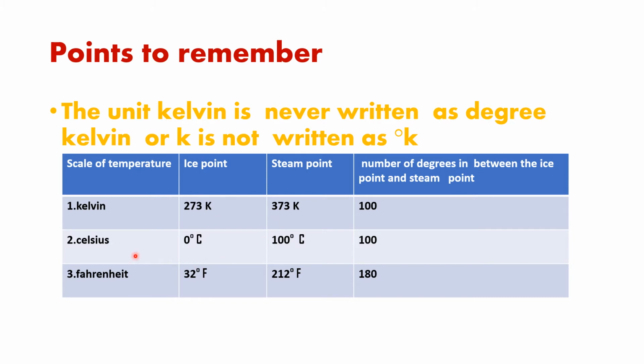Then Celsius scale, it starts from 0 degree C, that is the temperature of melting ice, and 100 degree C is the temperature of boiling water. So it has 100 divisions. So Kelvin scale and Celsius scale, they have both 100 divisions each.